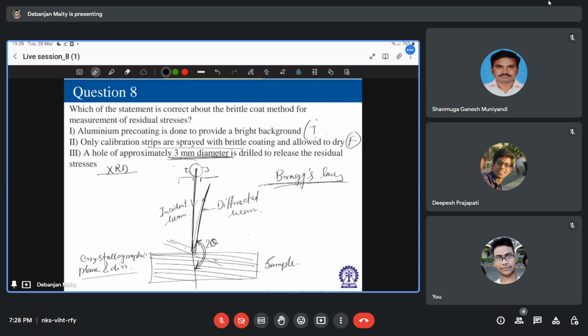Basically what happens, like whatever methods I discussed, like these stress relaxation techniques or the sectioning technique using electrical resistance, then your Rosenthal Norton or these cold drilling techniques, in all these methods they use some kind of coating that changes the color with different strains, or you can say some brittle coating that exhibits strain release in the form of maybe location or direction or pattern or some kind of severity.